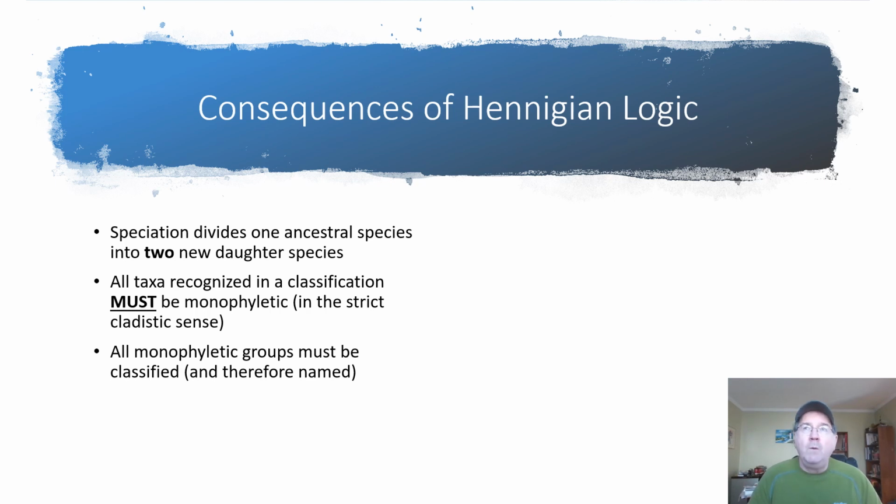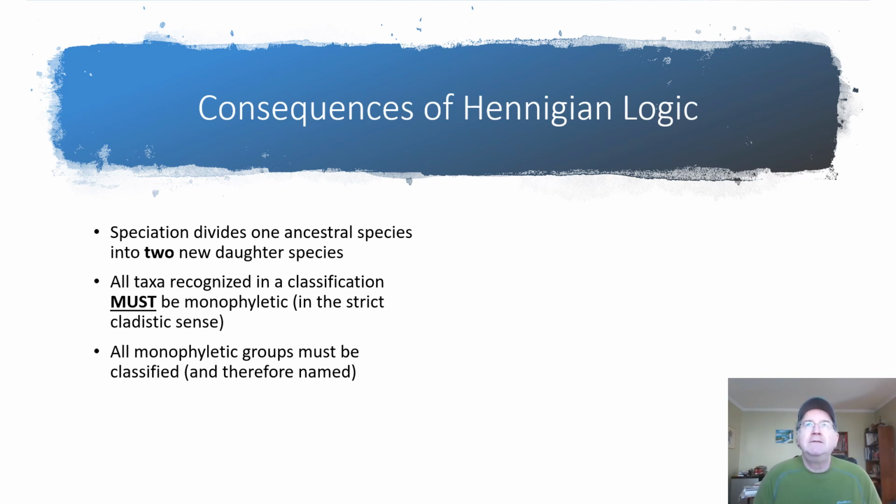Now, some will take the next logical step and say not only must all the taxa that we recognize in our formal Linnaean classification, our ranked classification, be monophyletic, but all of the monophyletic taxa that are in your cladogram must be put in the classification with names, with ranks.